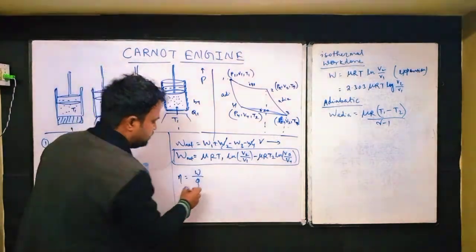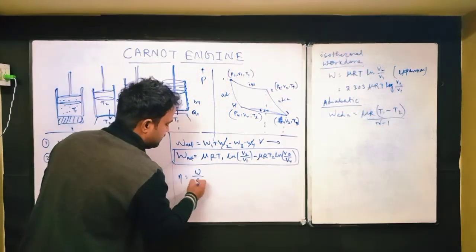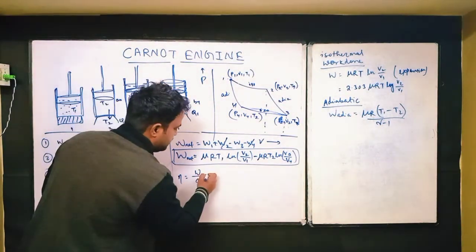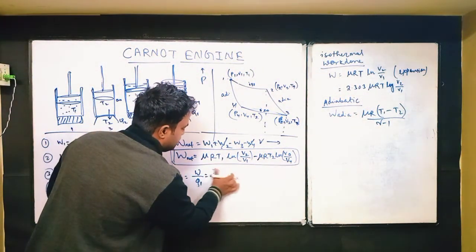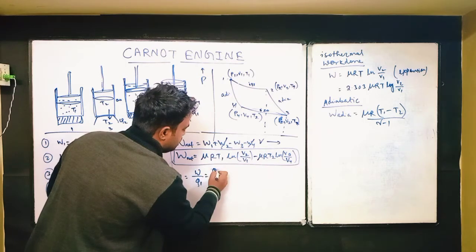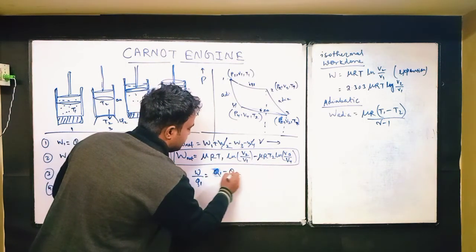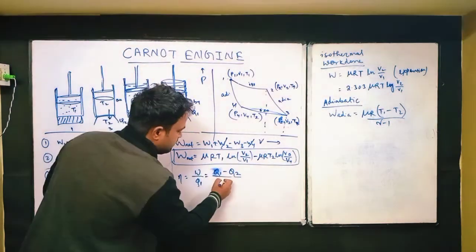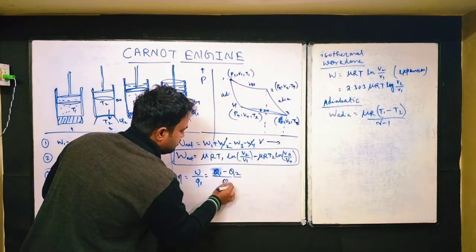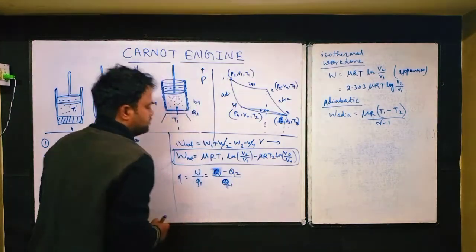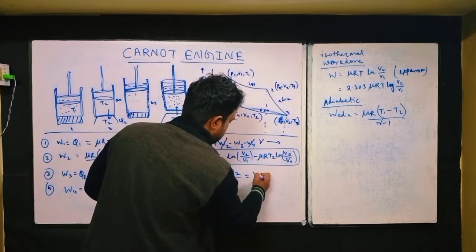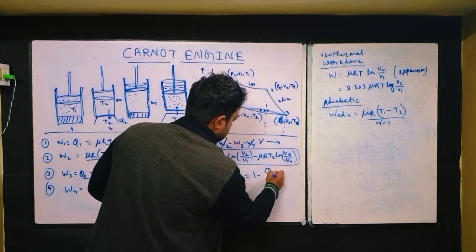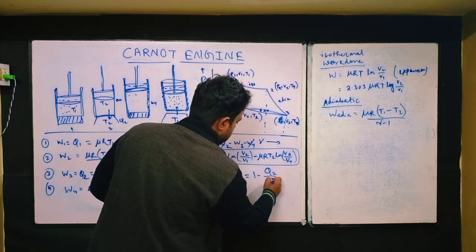Suppose Q1 is the heat supplied, then W will be Q1 minus Q2, heat supplied minus heat rejected, divided by Q1, or you can say this is 1 minus Q2 by Q1.